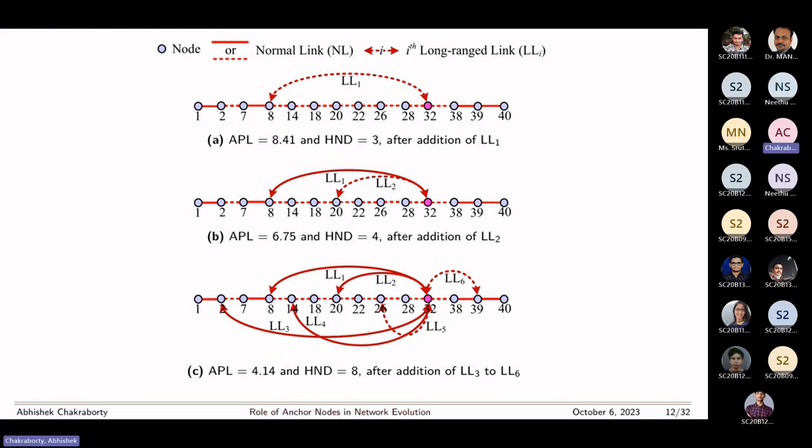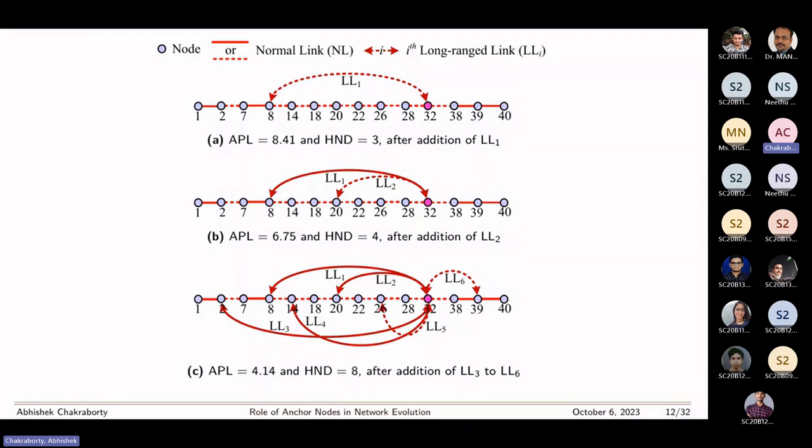And this magenta-filled network node, 32, we named the anchor node. As we spoke previously, what does an anchor node do? The anchor node is the group leader which tries to attract many links, and it identifies those links which will reduce the communication distance.